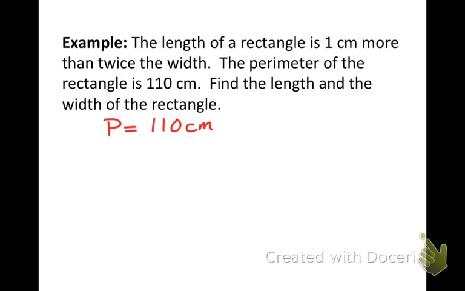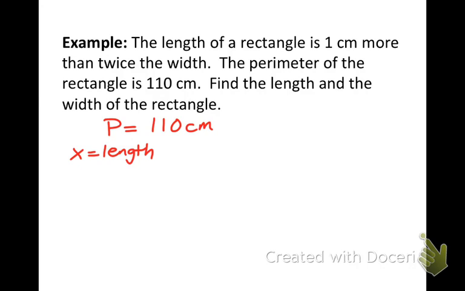What's going to be my variable? Length or the width, Justin? The length you're going to make your variable? Okay, so if I say x is equal to length, then what would be the expression for your width?